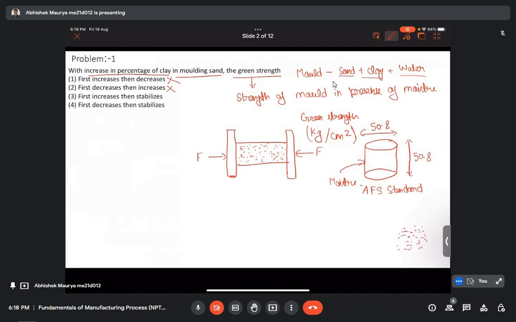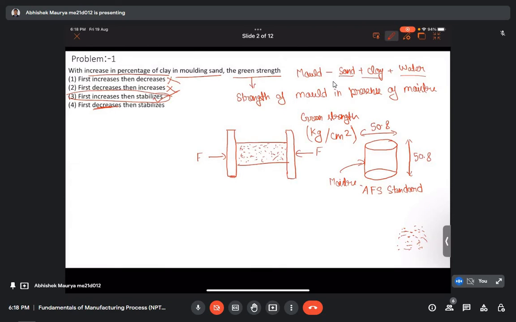No, it should be first increases then stabilizes. So that is the correct answer. And the fourth one is first decreases then stabilizes. No, it's not decreases, it should be increases. So the third option is the correct answer for this first problem.